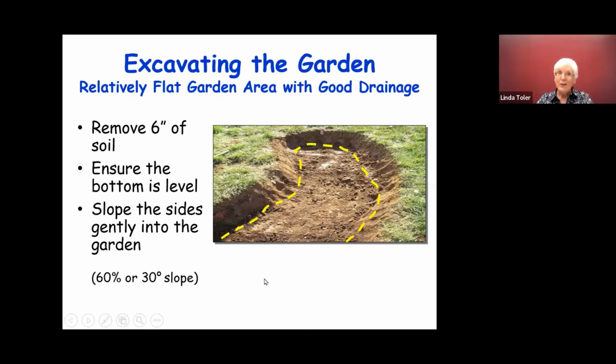I don't know about you, but 60 and 30 degree slope don't mean a lot to me. So I put a little graphic here to help you get a guesstimate of what that slope should look like. So here's the flat bottom of the ponding area. Here's the surrounding soil. And this is about what a 30% slope looks like. So you just taper the sides of the garden into the bottom.